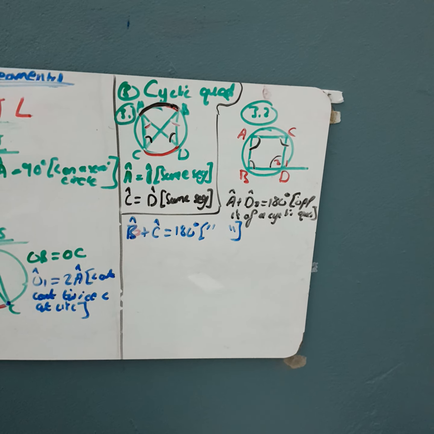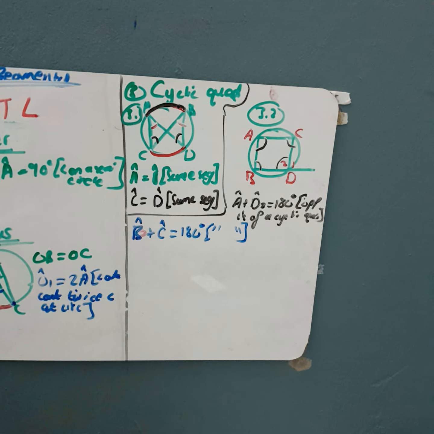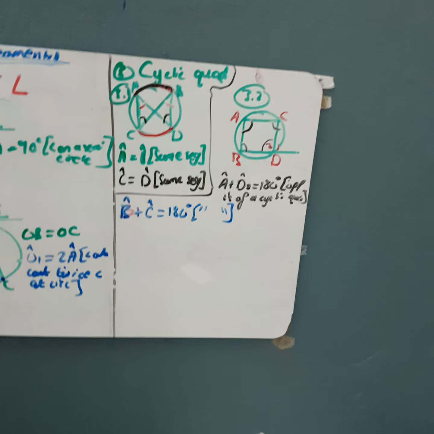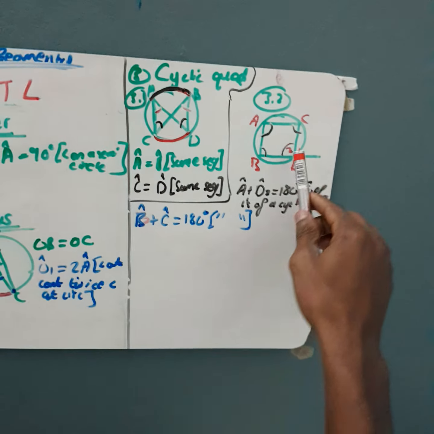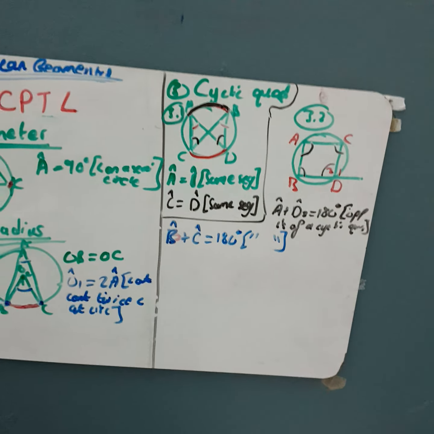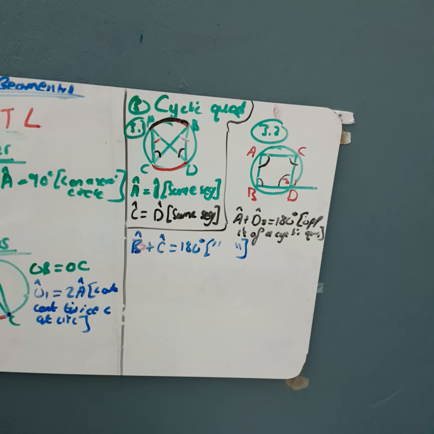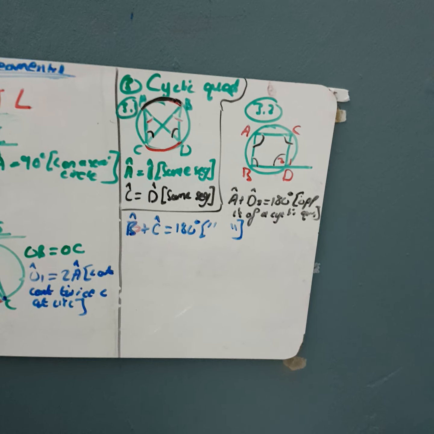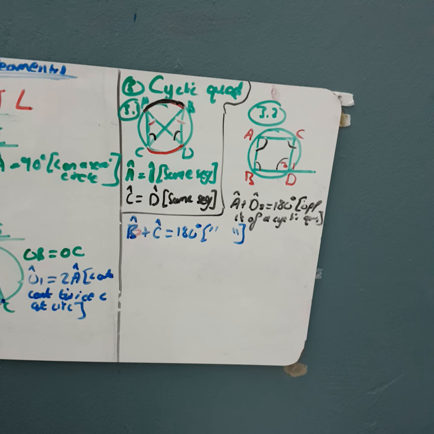Now we go to the third one. I'm going to use the circle that I drew. If you check here, we have an exterior angle of a cyclic quad. The exterior angle of a cyclic quad equals the opposite interior angle of that cyclic quad.